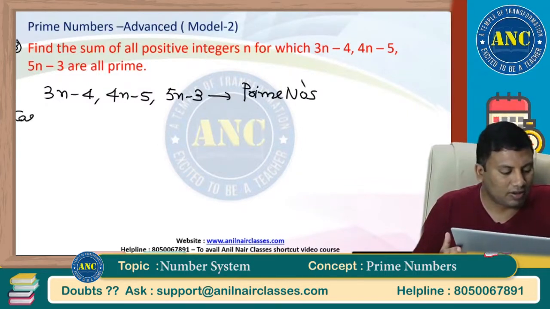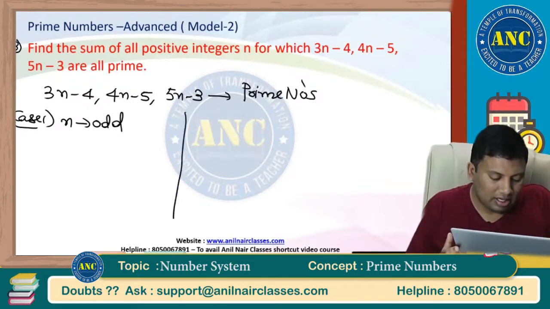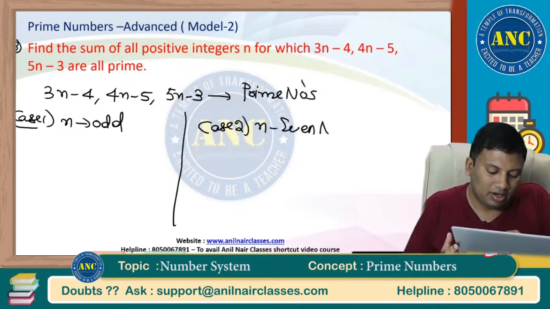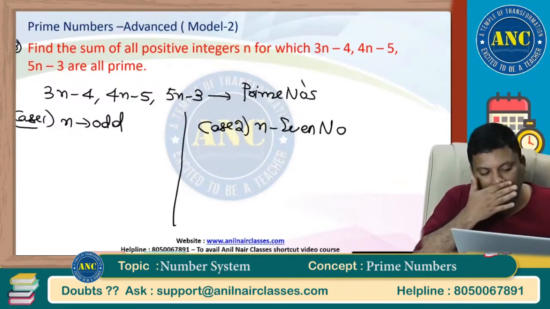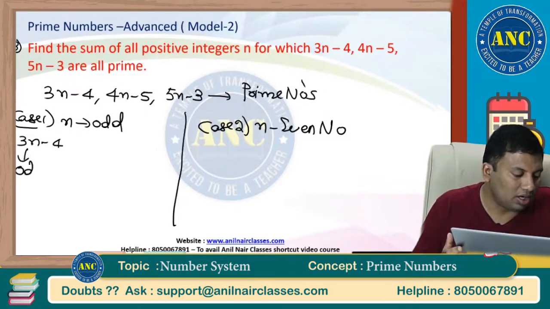Case number 1, n is an odd number. Case number 2, n can be an even number. So, 3n minus 4: 3 is odd, odd into odd is odd, 4 is even, odd minus even is odd.